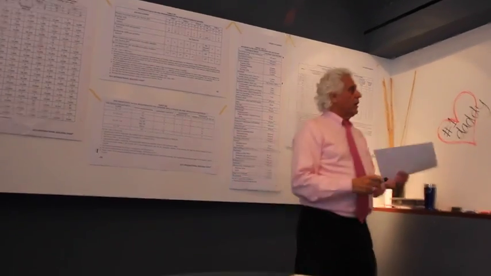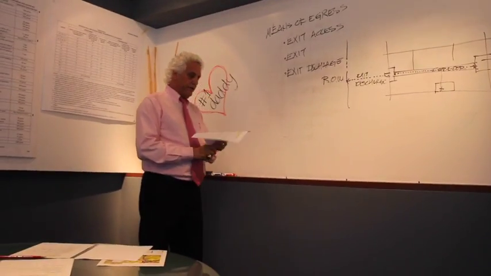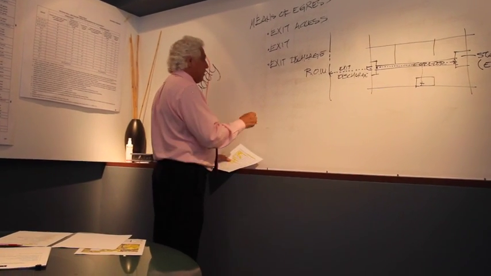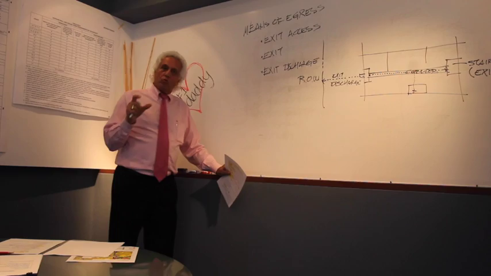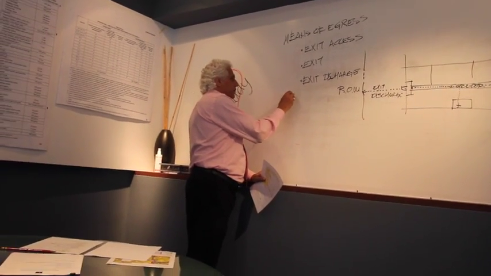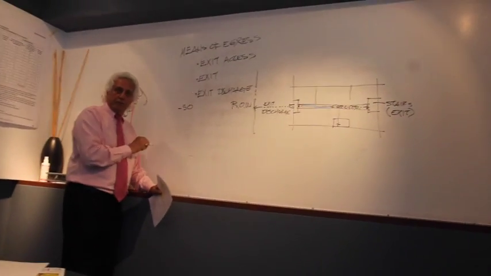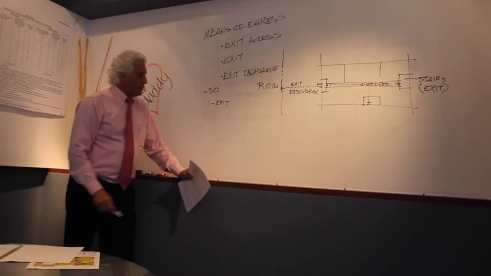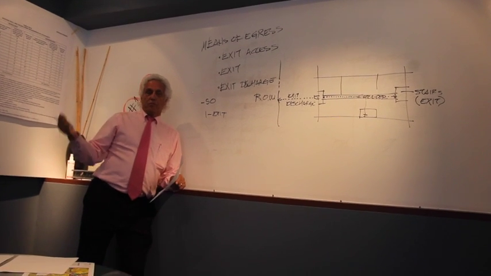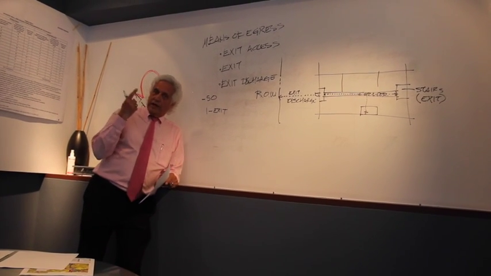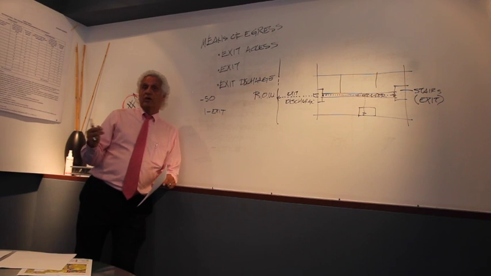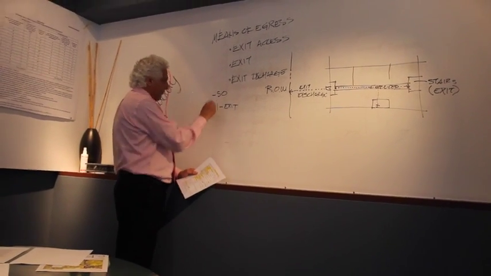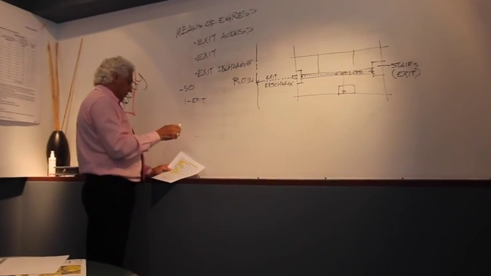Exiting requirement, kind of a rule of thumb, the code gets into more detail: when you have number of exits, this is for buildings or rooms. Rule of thumb, if it's less than 50 people, you only need one exit. So in a small classroom with maybe 20 students, you only need one exit. The auditorium areas where they have more than 50 people, you're going to need more exits.